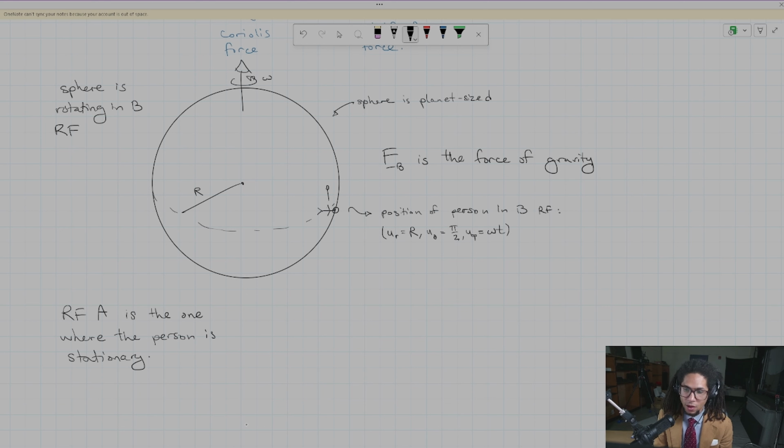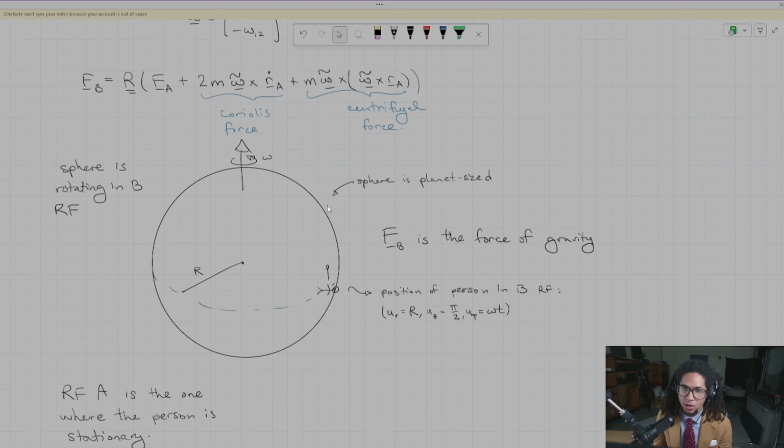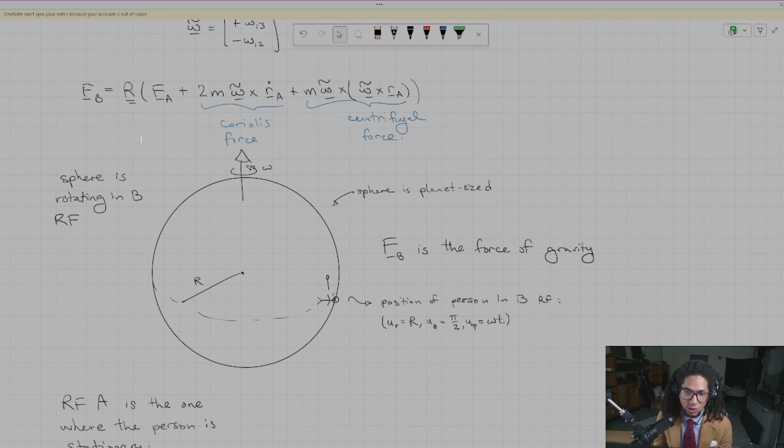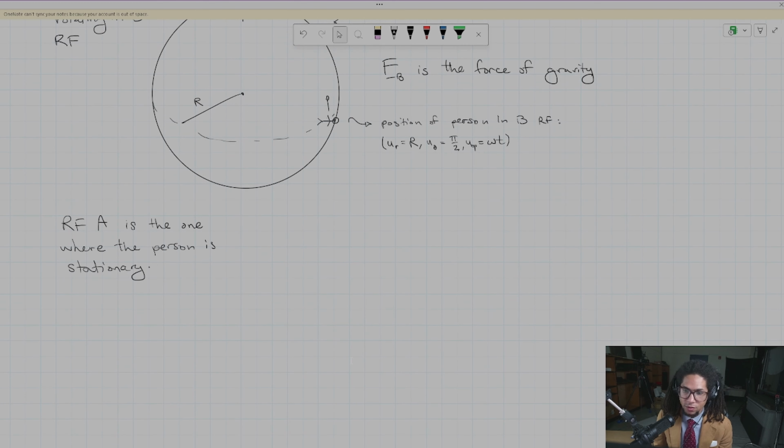Okay, now let's compare at a vector level what's going on in these two reference frames. The force on the object after it's thrown in reference frame B is central. It goes toward the center of the sphere. So it's always in the R hat direction.